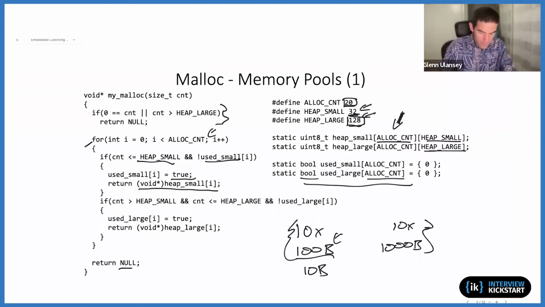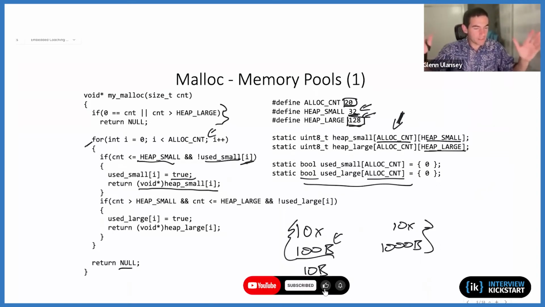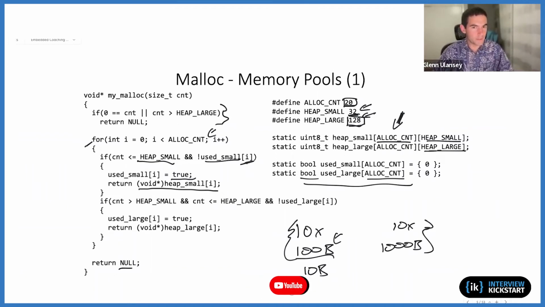So if we truly had a bitmap, what we could potentially do instead is check either 32 or 64 blocks worth at one time. Rather than checking just a single entry in our pool, we could instead check, okay, in a 32-bit system, are any of these 32 blocks available?